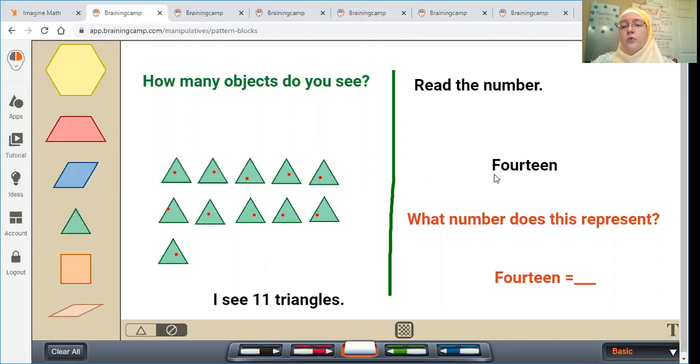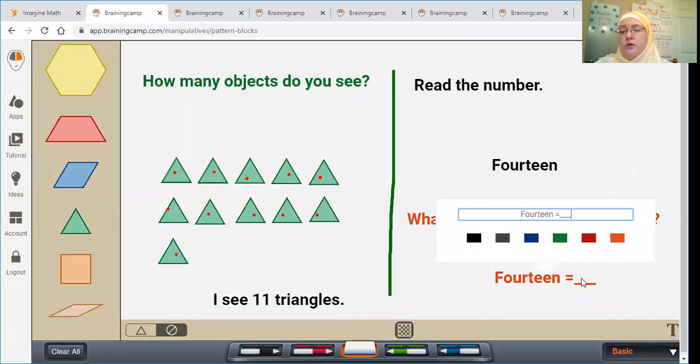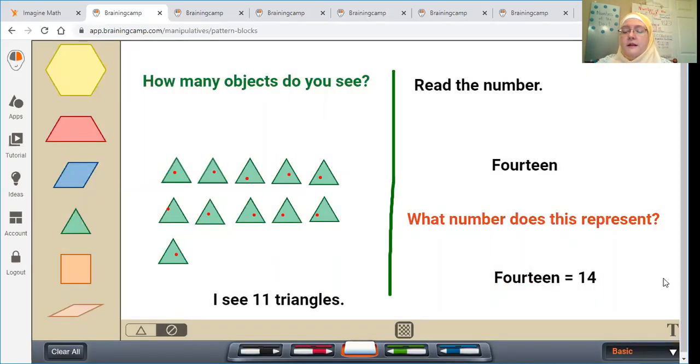O, in, 14, 14, 14. So what number does it represent, it asks? Well, 14, we should all know how to write that. 14 is a 1 and a 4 to make the number 14. So with pictures, objects, and words.